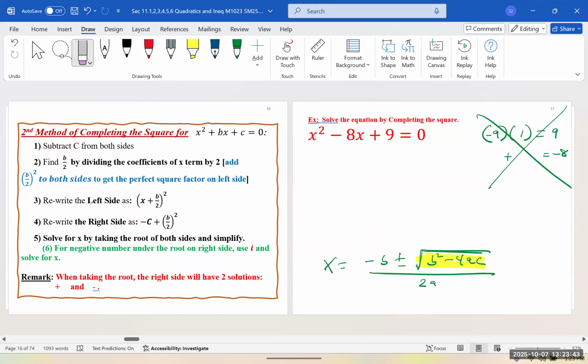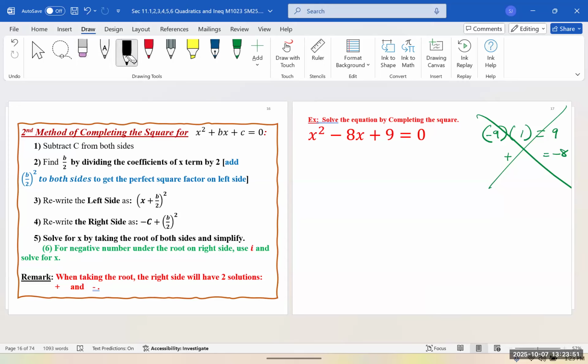Now let's try this one. We know this is not factorable, so we're not going to do factoring. We are going to observe only these two terms and complete our square. So our goal is to get x inside something squared and minus something. And then you're going to keep the 9. So how do you rewrite x squared minus 8x?